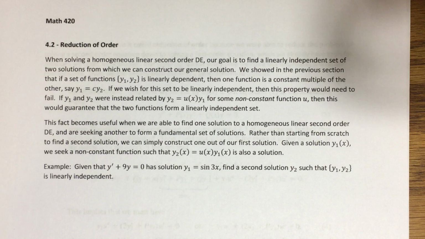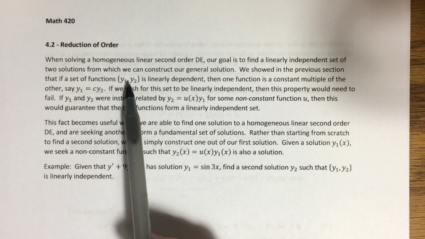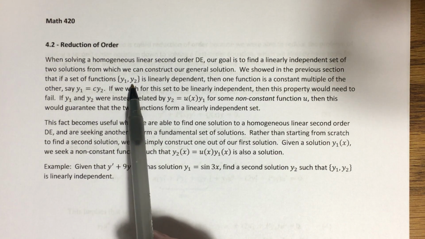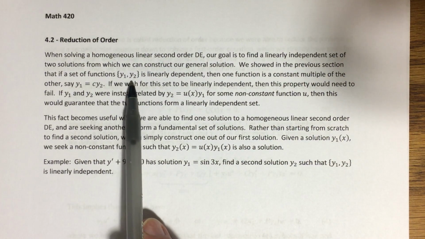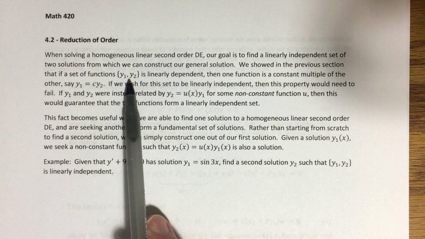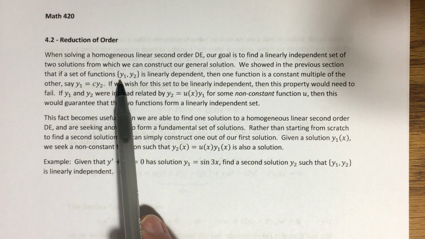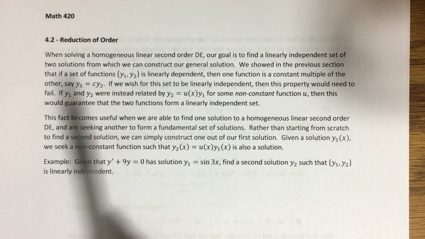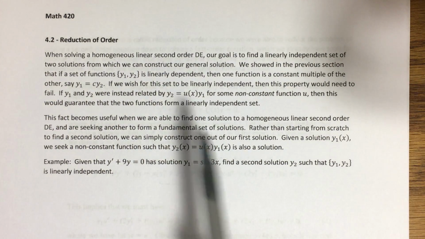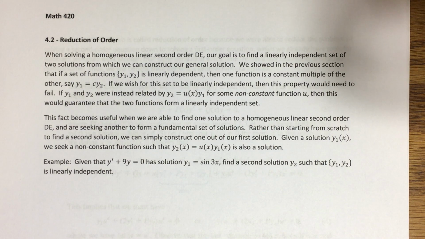So this would mean we're looking for a set of two solutions specifically, and we want them to be linearly independent. If we do find linearly independent solutions, then we form the set of all linear combinations of those, C1 y1 plus C2 y2. That forms the general solution to the DE that we started with.